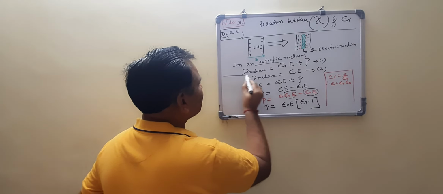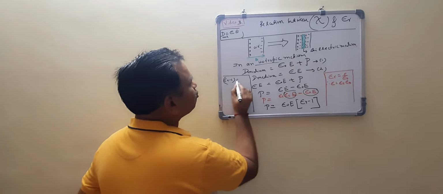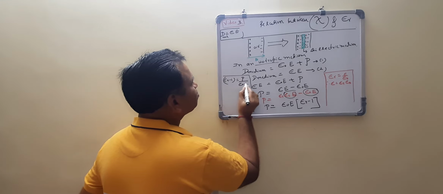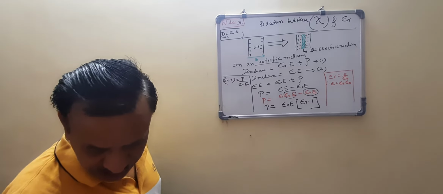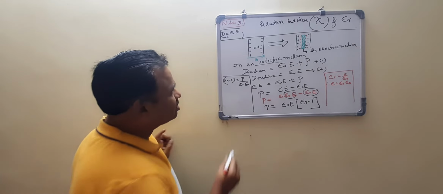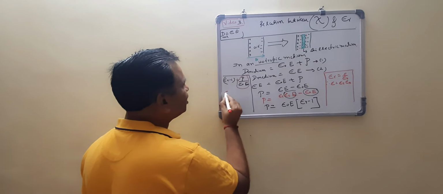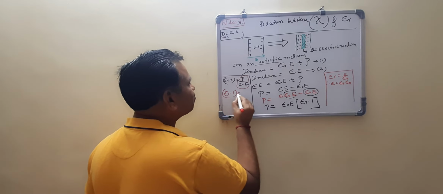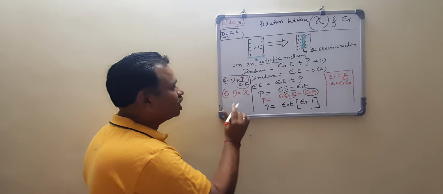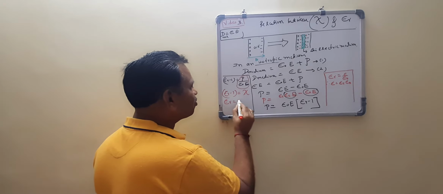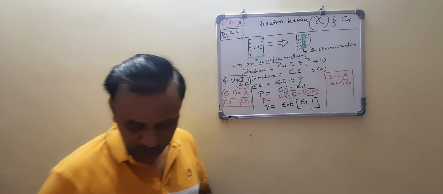Or else, can I write epsilon r minus 1 equals P divided by epsilon naught into E? Mathematically, epsilon r minus 1 equals this quantity, which is called susceptibility. Or else epsilon r equals 1 plus chi. This is called electric susceptibility.